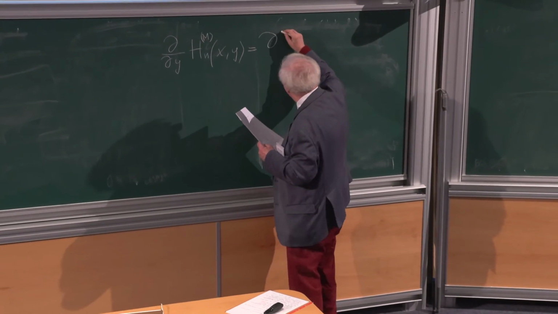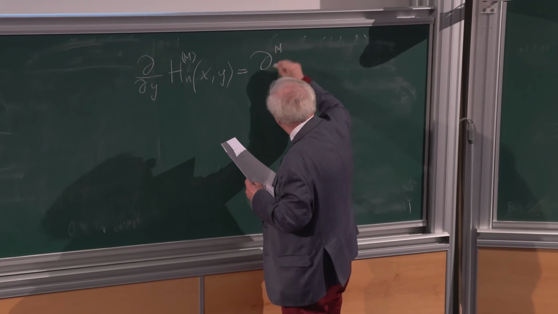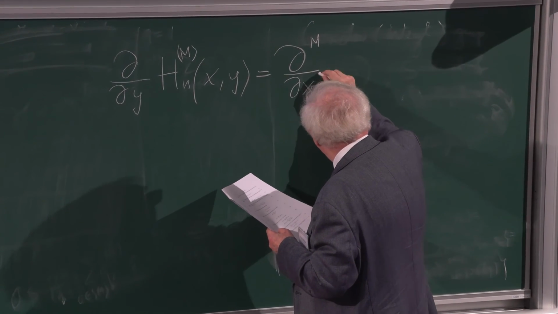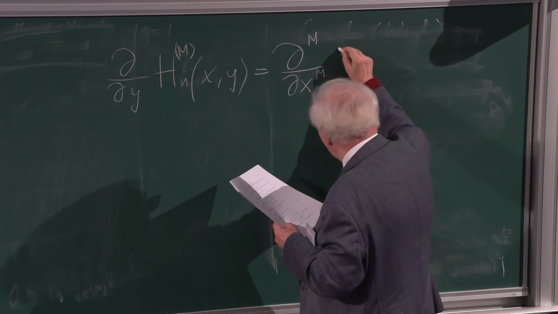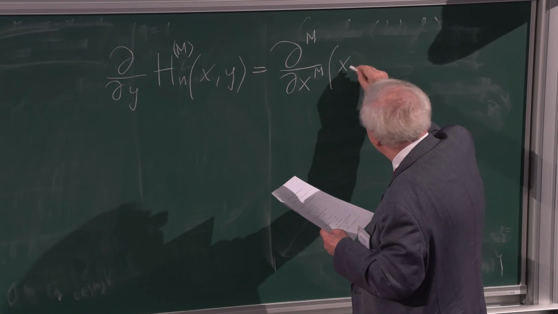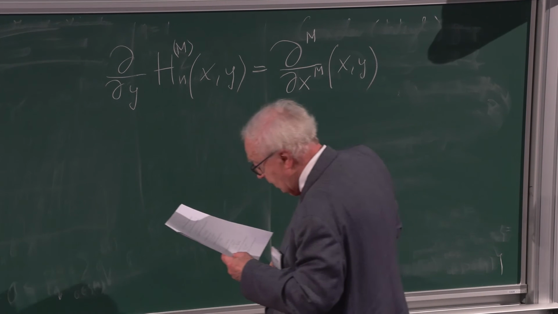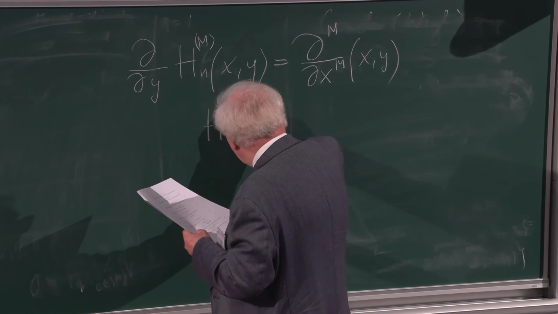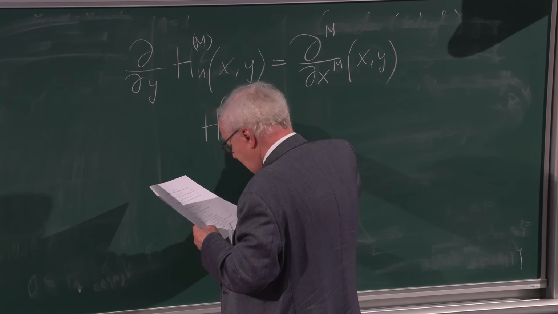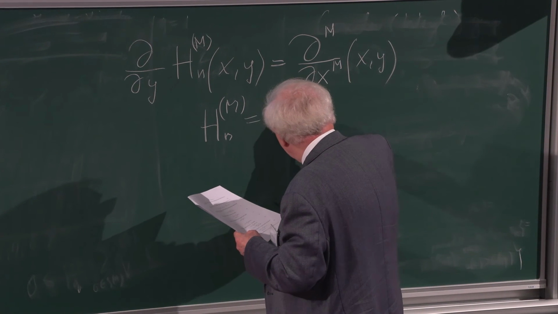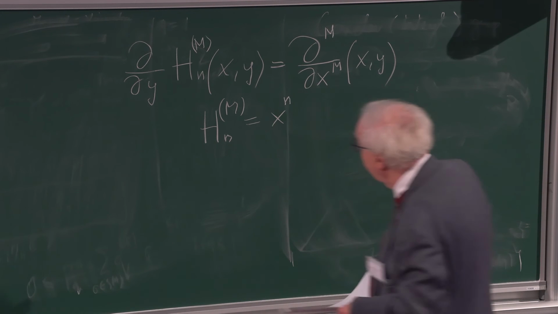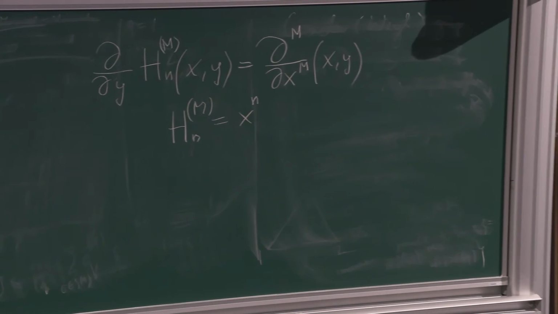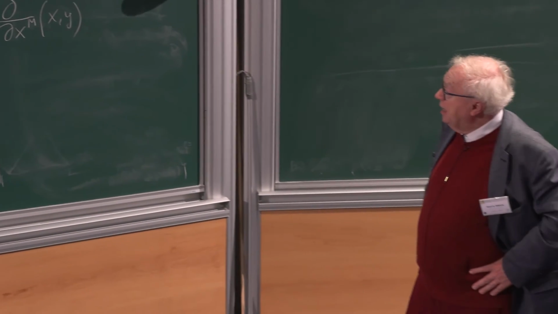This is d m, d x m, x y with the initial value h n m equals x n. So you see what this kind of equation is: a sort of generalized heat equation.